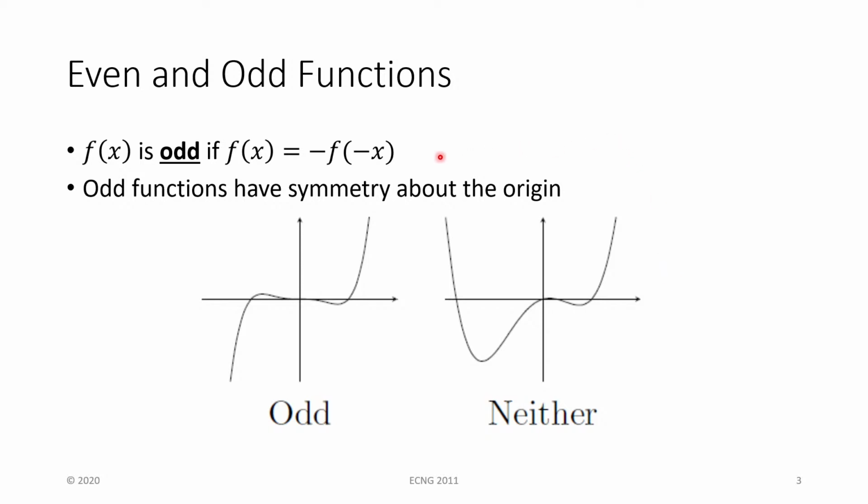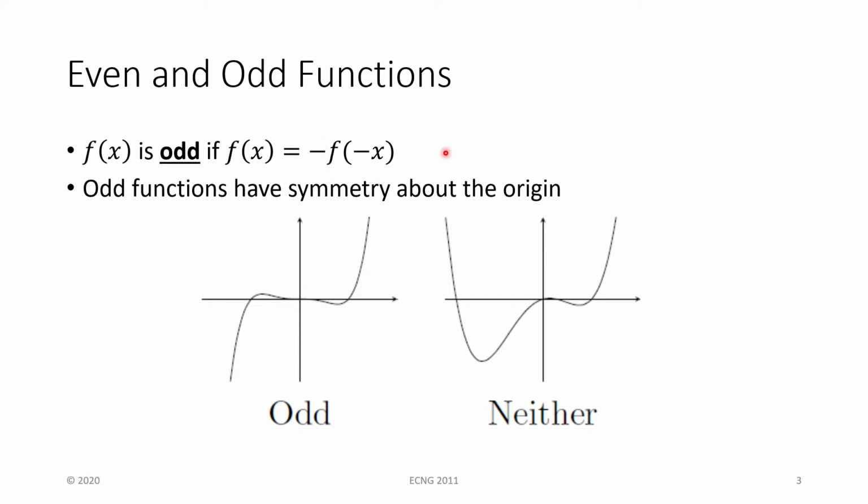For an odd function, on the other hand, we have to reverse it first, and then invert it vertically. We reverse it, meaning we flip it horizontally, and then we invert it, meaning we flip it vertically.